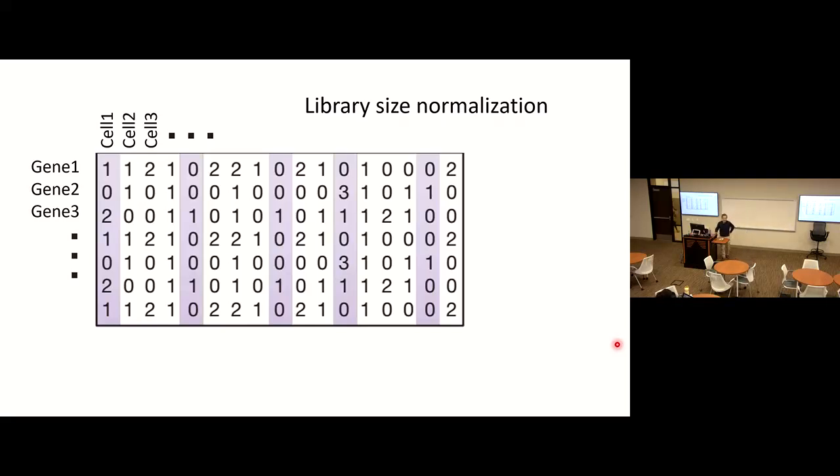This normalization is not unique to single cell data. Library size normalization has been used for bulk RNA-seq before, all right? In bulk RNA-seq, you have columns that are not individual cells but samples. Normally, for each group, you have 1, 2, 3 biological replicates. You can have 3 columns, that's your 3 samples.